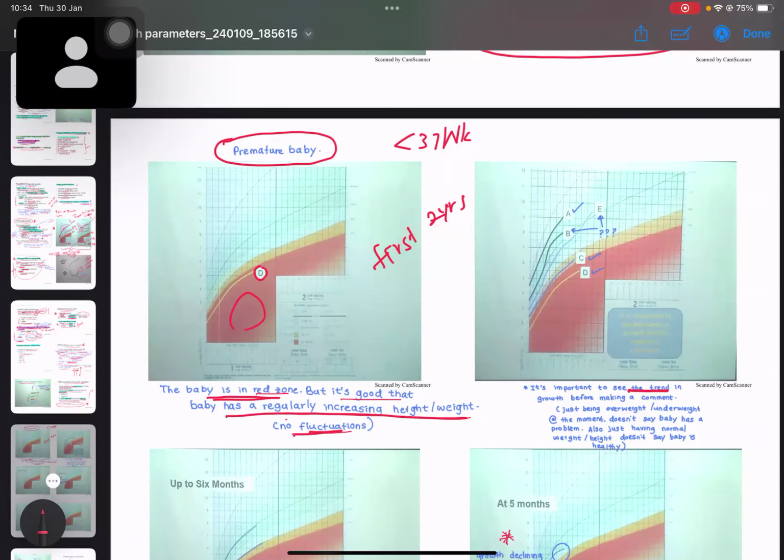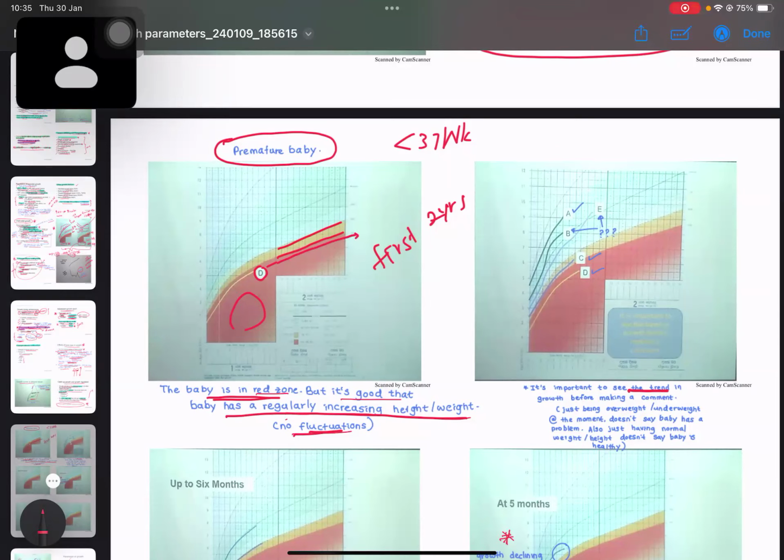But in a premature baby, if the baby is still growing in the same pattern, parallel to the centile, these are the centile lines, if the growth is parallel to the centile line, that's okay because this is already a premature baby.